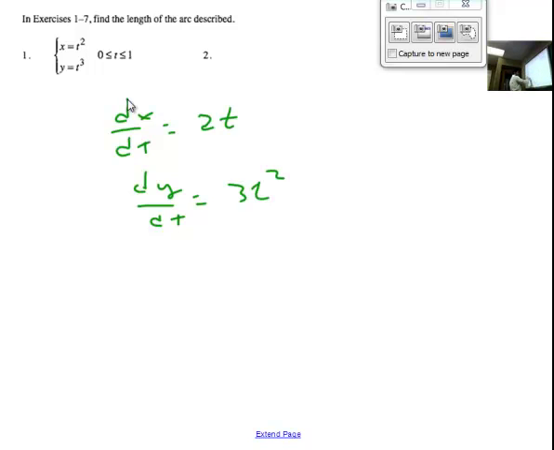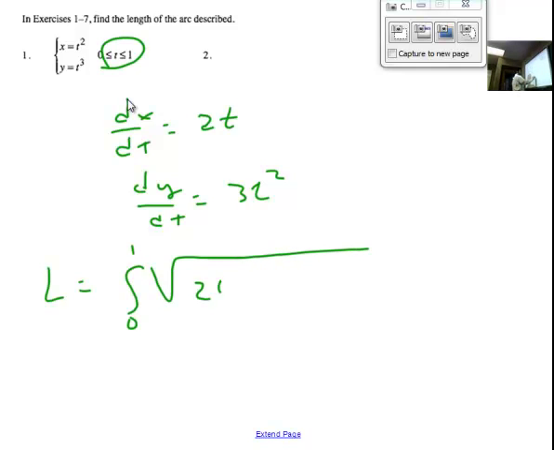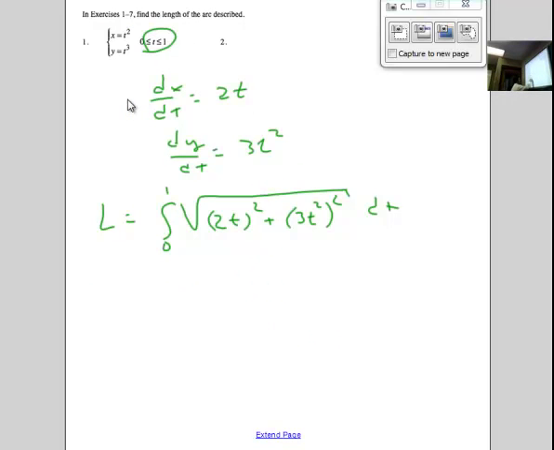So the arc length from 0 to 1 is the square root of (2t) squared plus (3t squared) squared dt. And now we simplify this. So we get L equals the integral from 0 to 1 of the square root of 4t squared plus 9t to the 4th dt.